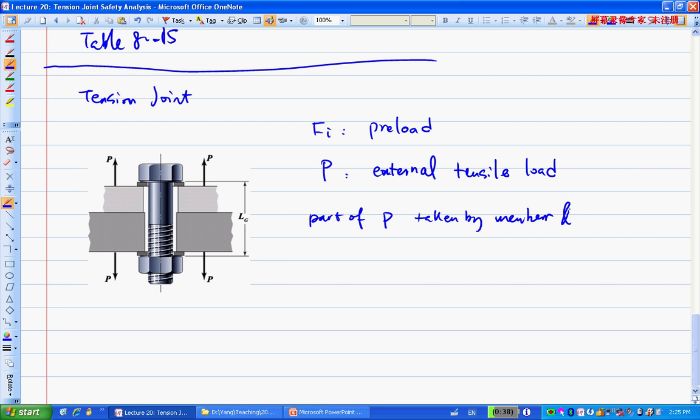So it's taken by the member and the bolt. They're not completely taken by just one of the components. Now let's define PB as the portion of the P taken by the bolt.